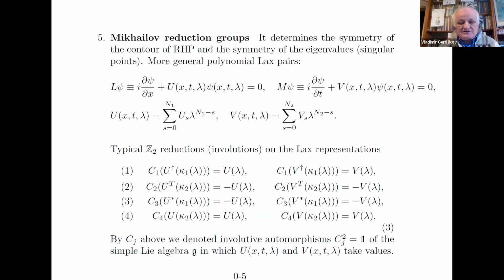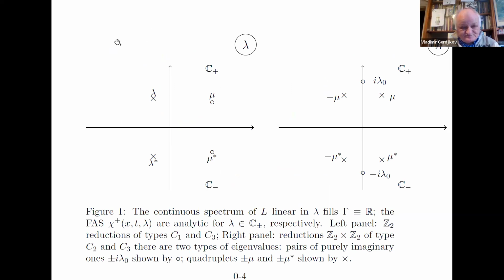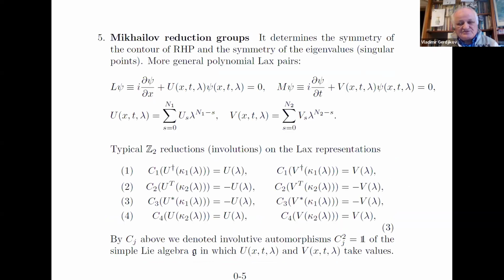In the previous picture, the contour was the real axis, and this was the continuous spectrum of the Lax operator. But we will have more general situations when the contours will be different, and then they must, of course, be invariant with the Mikhailov reduction group.